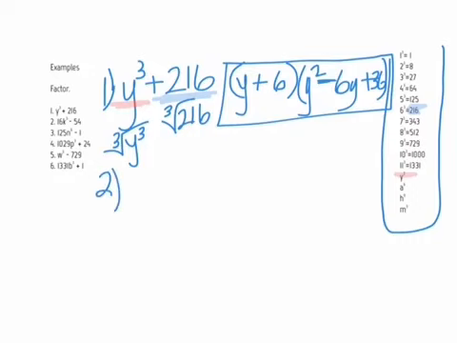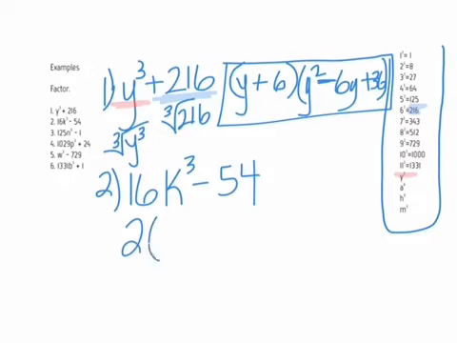I didn't mention, but I need to mention the fact that if I have a greatest common factor, I need to take out that greatest common factor. When I look at number 2, I do have a common factor of 2, I believe. 16k cubed divided by 2 is 8k cubed. 54 divided by 2 is 27.